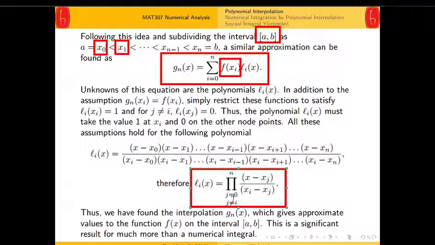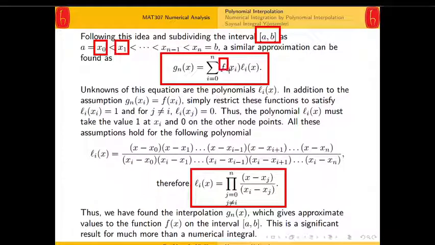Okay, we can rewrite this polynomial in this form, as a product notation. So j is from 0 to n, j not equal to i, the product of all these linear polynomials. Thus, we have found an interpolation g_n(x), because we were interested in finding an approximation in this form.